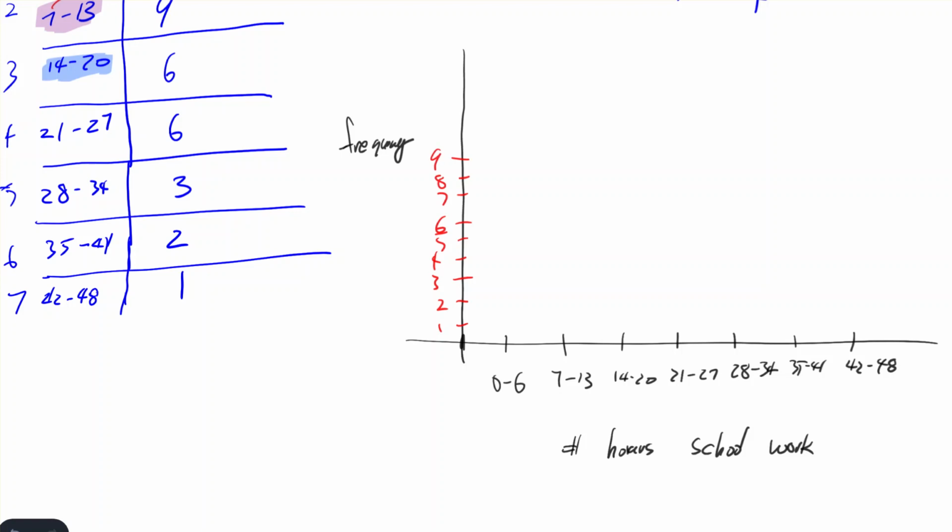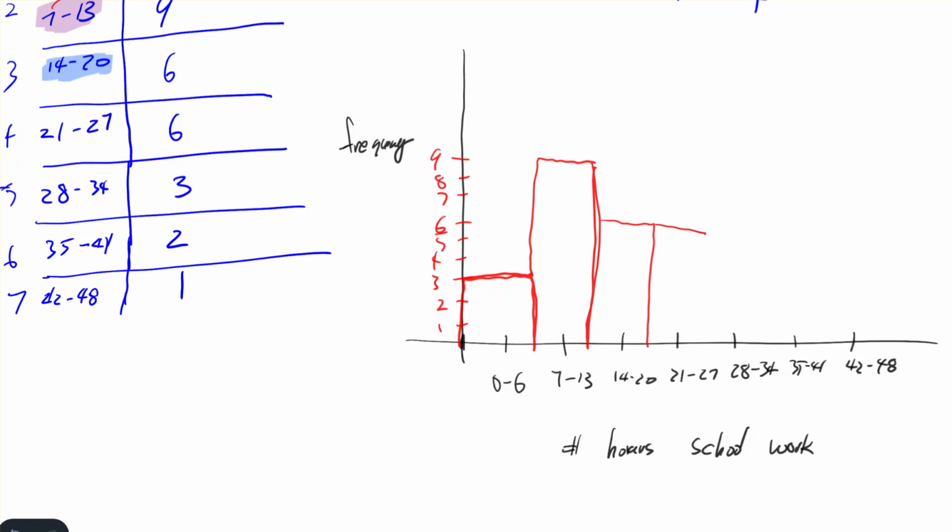So 0 to 6 there are 3, so there's a bar. 7 to 13 there are 9, so all the way here. 14 to 20 there are 6.